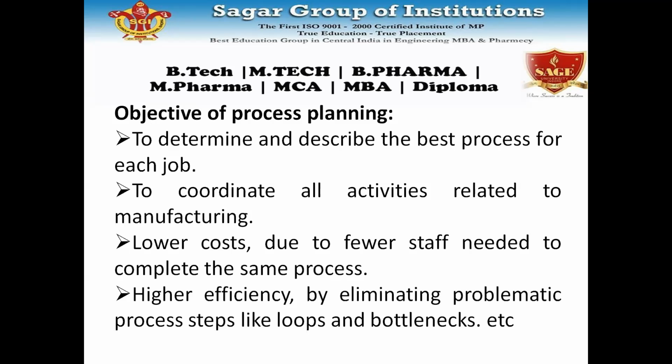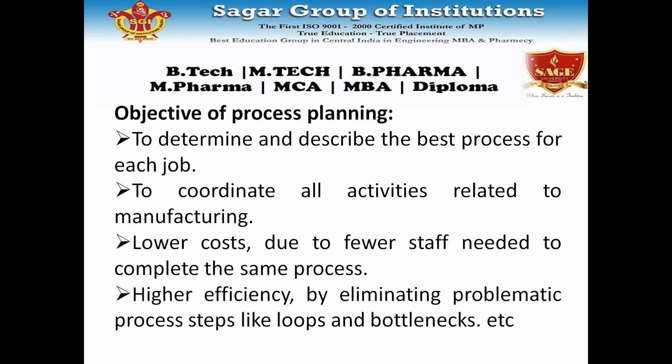Then the last objective may be defined as higher efficiency by eliminating problematic processes like loops or bottlenecks, if any. These are the base, but there are many other objectives that can be taken for process planning. But these are the prominent ones.